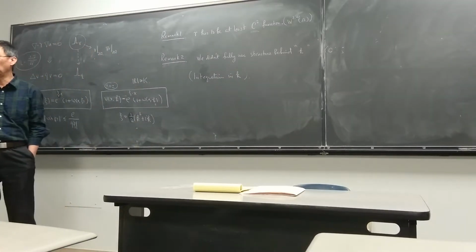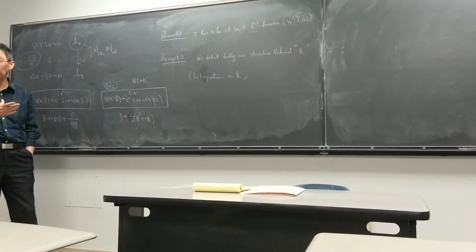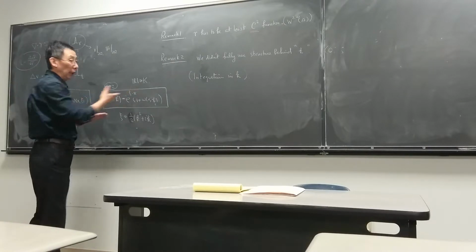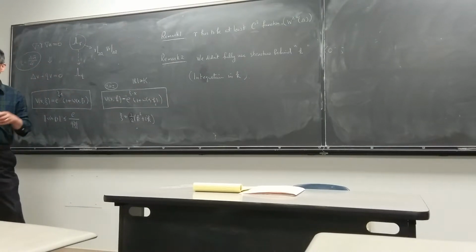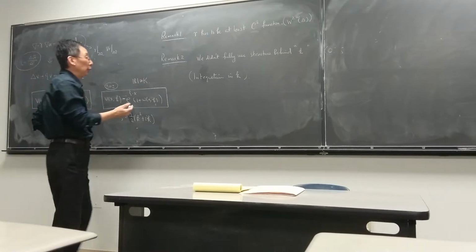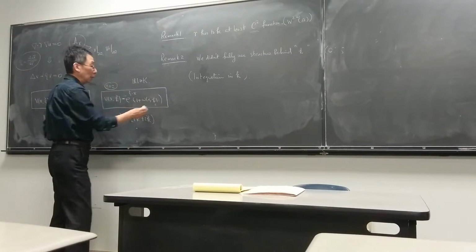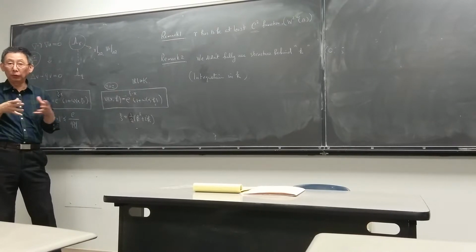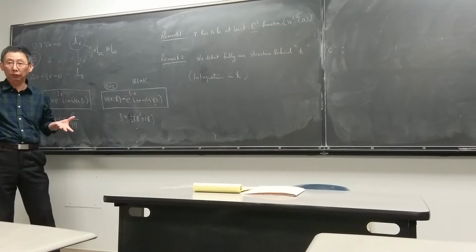That's what we did when we construct the operator, right? We take something like the Fourier transform, then transform back. The way you transform back, you're doing the integration in K. That's the place we use K. But if you use just integration in K, somehow you are not using the information locally, you just average the entire values, right?